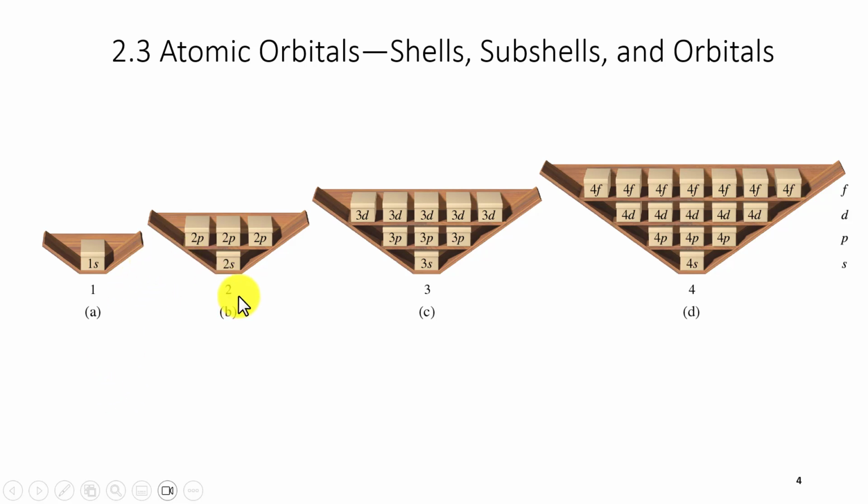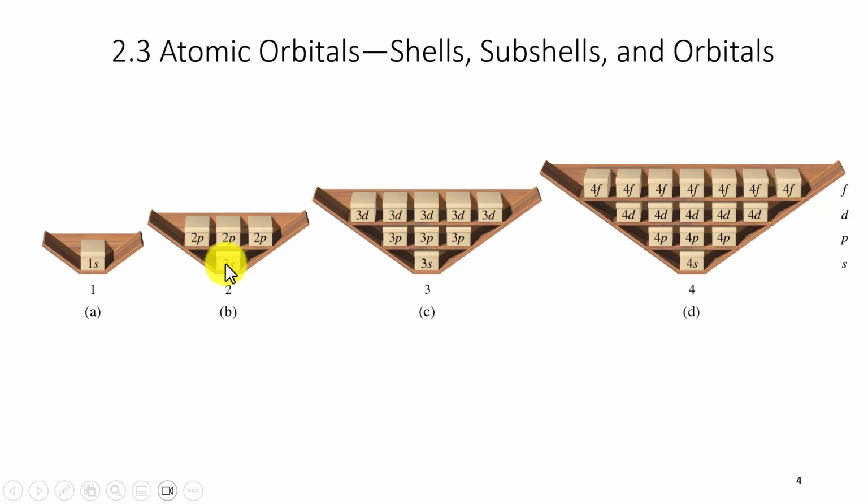If I go to n equals 2, this is my second cabinet on top of the first one. The cabinet stands for my shell. This is cabinet number 2 or shell number 2. But now I have 2 little shelves within that cabinet. This is my first shelf, my first subshell.